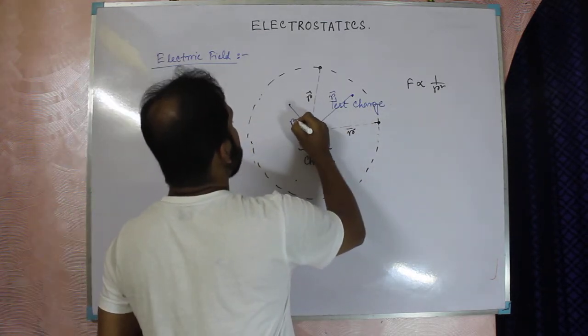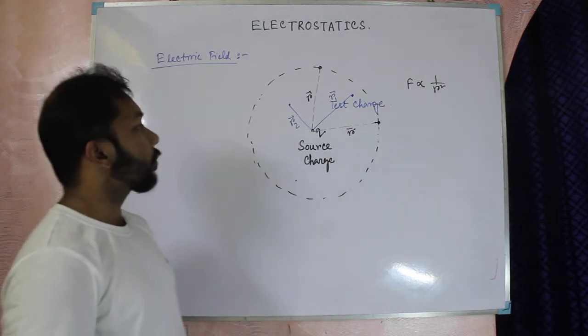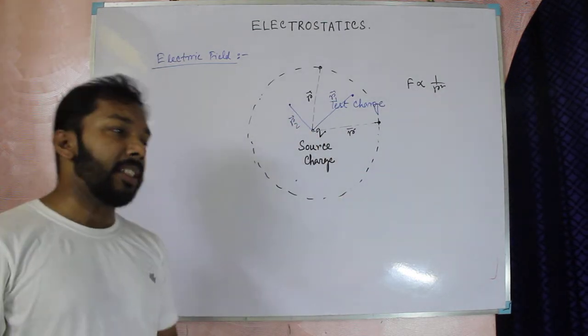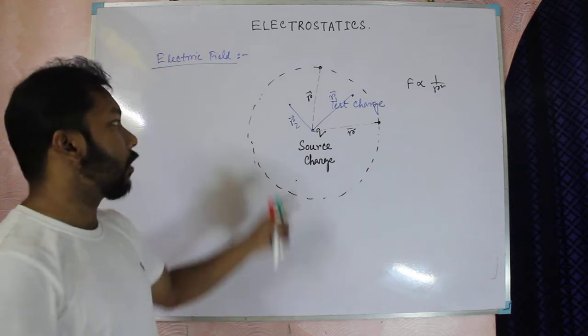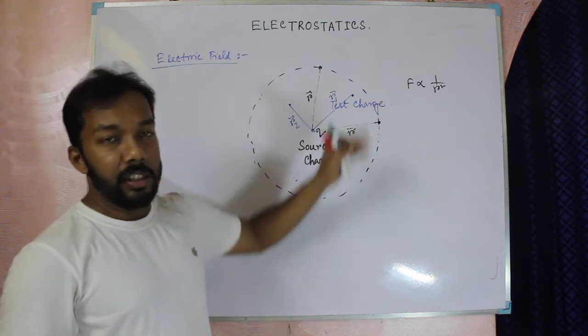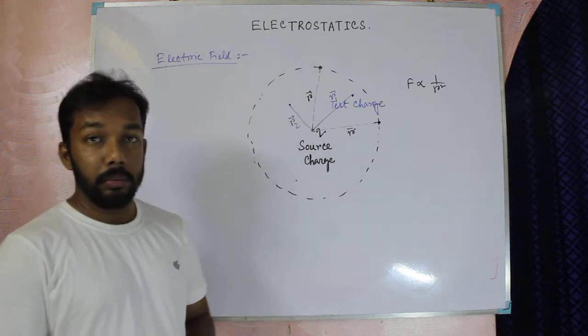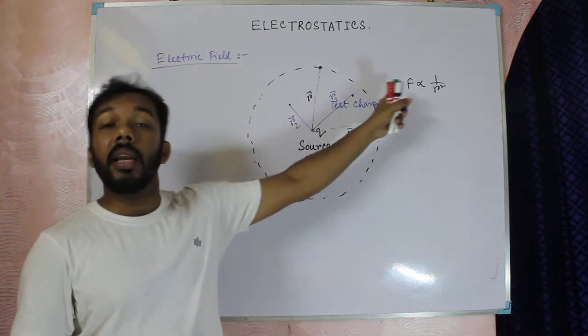Here, if the distance is r2, the force will be something else. So for different positions having different position vectors or different values of r, the test charge will experience different amounts of force, but it will experience some force. How far will it experience that force?